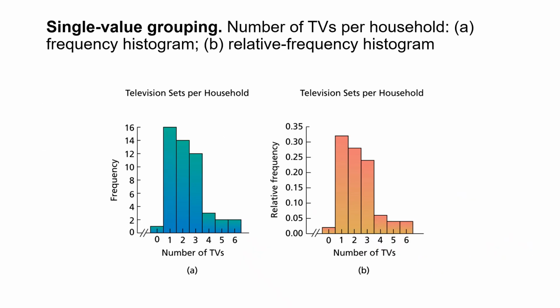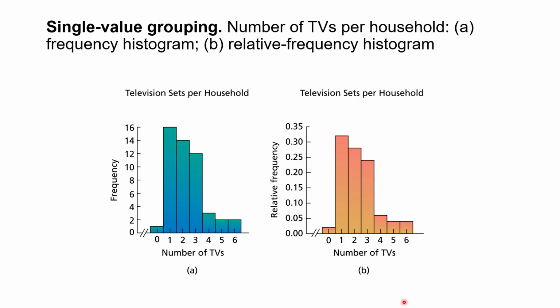In this example here, I'm just showing some data from single value grouping. And what you can see is that in A, the blue chart here, this is a frequency distribution. And in B, this is a relative frequency distribution. The reason why I'm showing you both of these is because the frequency histogram and the relative frequency histogram have proportionally the same shape.